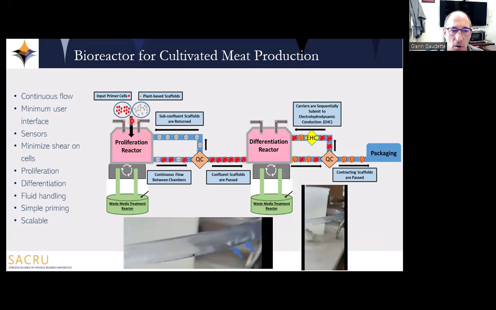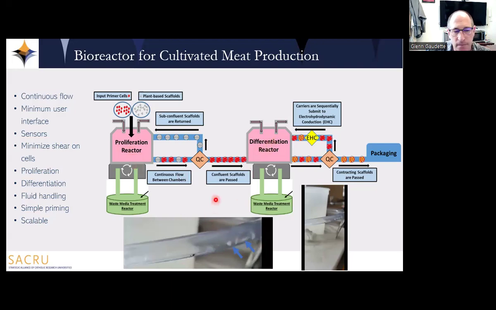Or do we want to close that proliferation reactor, which is shown here, and once the cells have proliferated and it's full, then we take that and it's done? We call that a single use bioreactor. Or do we have a continuous bioreactor that continues to produce meat over and over again? Or is it a single use where we've got one tank, it fills up with meat, done. Now we take that tank and put it onto the next stage, which is generally the differentiation reactor.